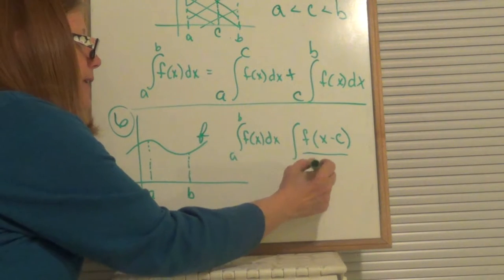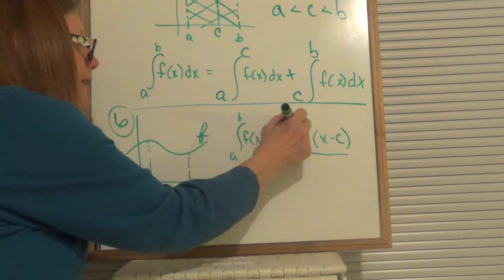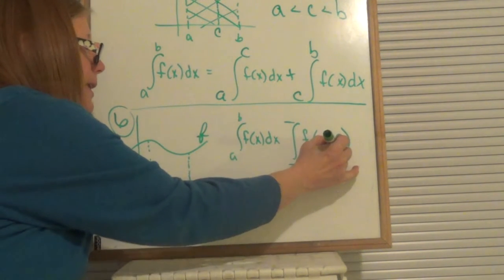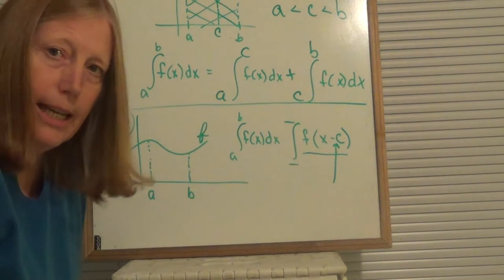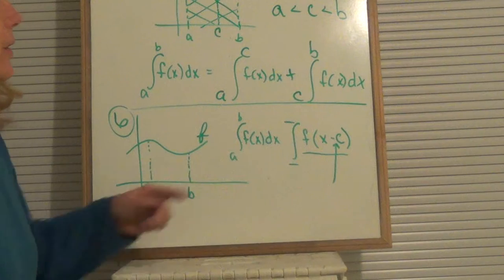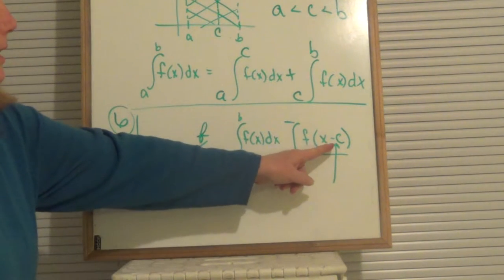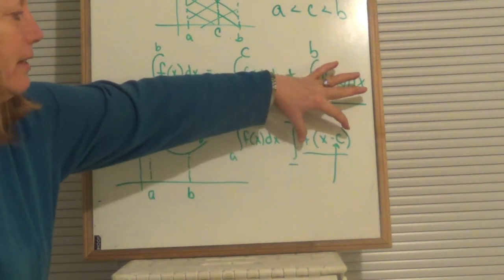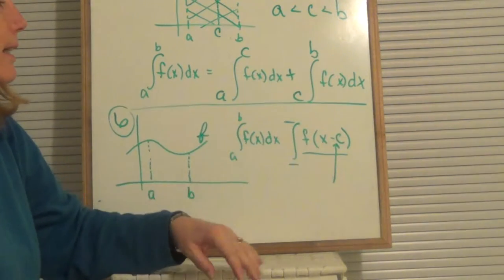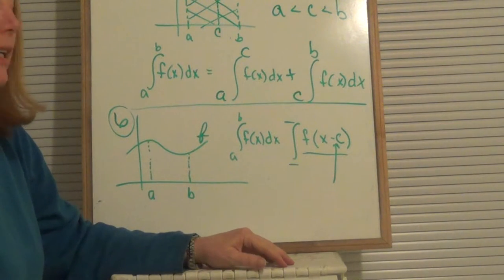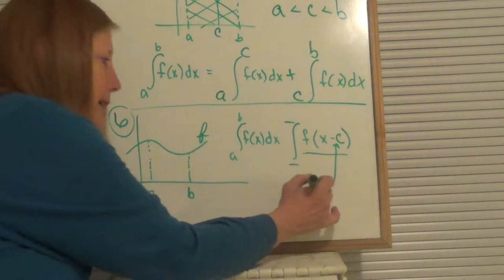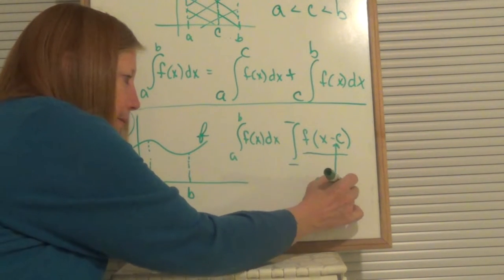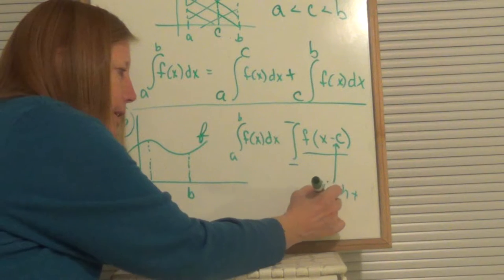The only difference here, I haven't written in these limits of integration, but I have moved the curve. And from your pre-calc days, you learned that when you take a constant and it hugs the x variable like this, it will move the curve left or right in the opposite of what you might think. So a negative c is a right move, a right shift of this curve.